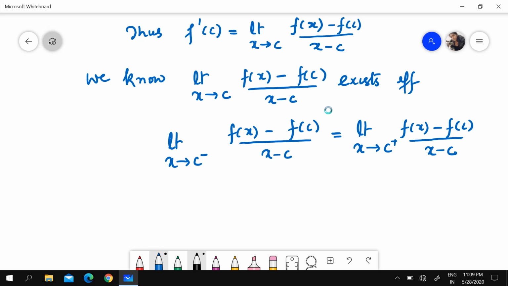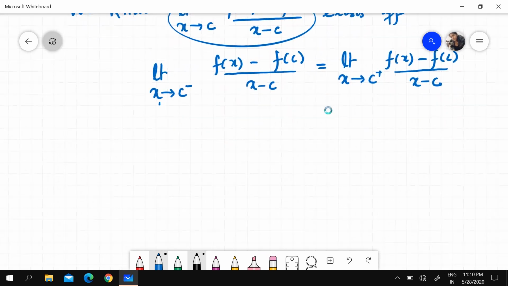That means the limit of a function exists if the left hand limit is equal to the right hand limit. So this limit will exist if the left hand limit about c is equal to the right hand limit about c.